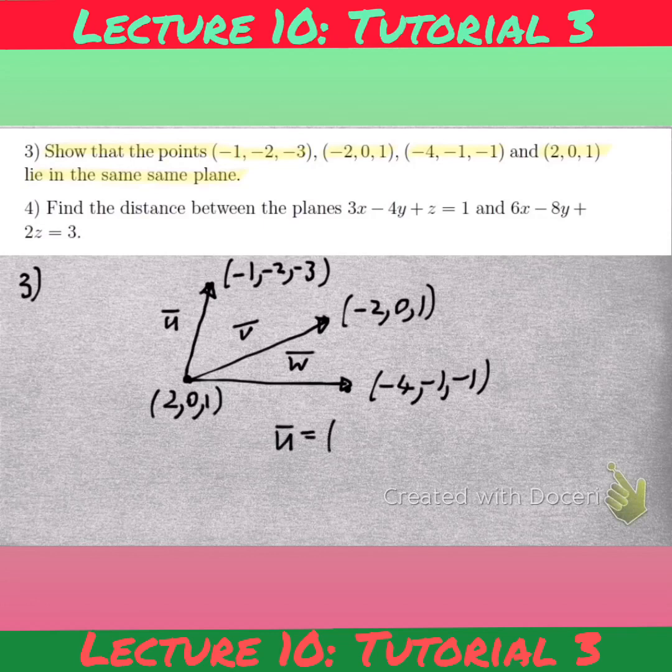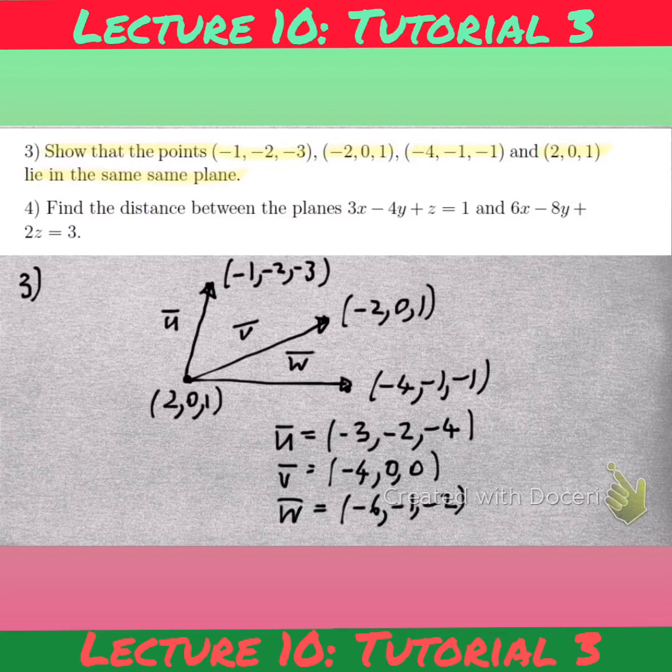Alright, so I want to just basically write the vectors down. So u is the vector -3, -2, -4. V is the vector -4, 0, 0. Okay, and the vector W is the vector -6, -1, -2.